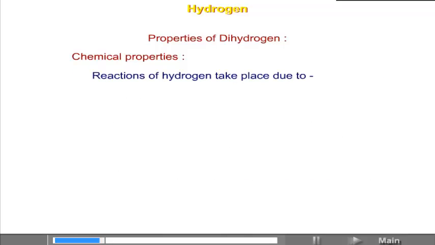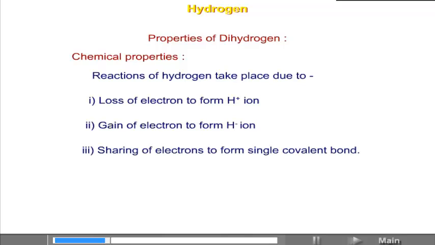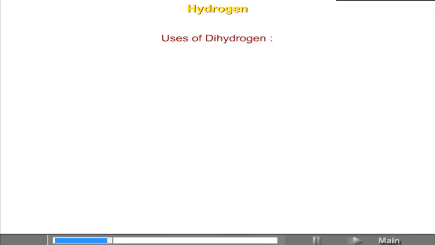Reactions of hydrogen take place due to loss of an electron to form H plus ion. Secondly, gain of an electron to form hydrogen minus ion. And lastly, sharing of electrons to form a single covalent bond.